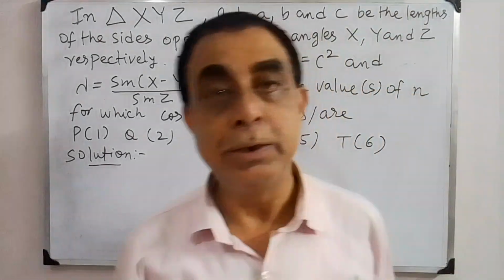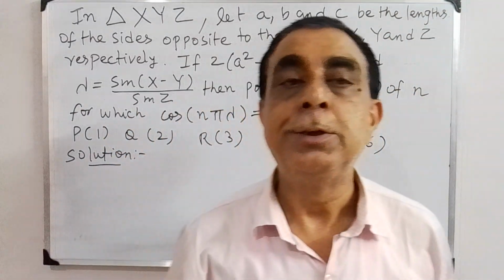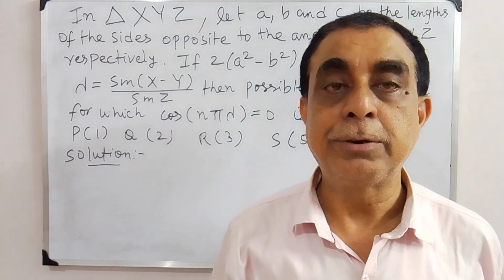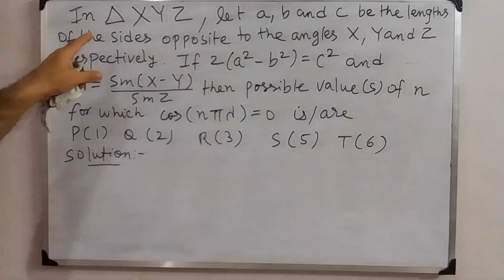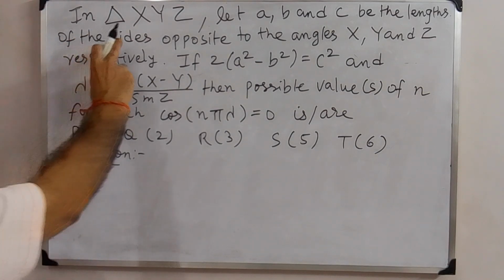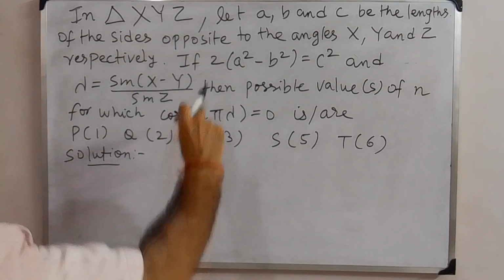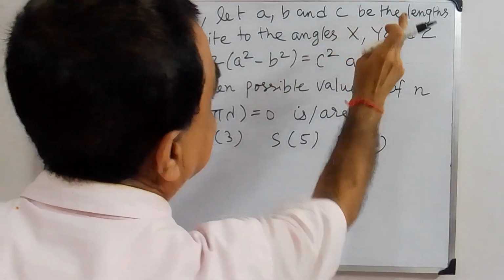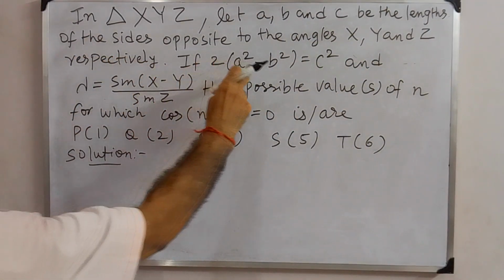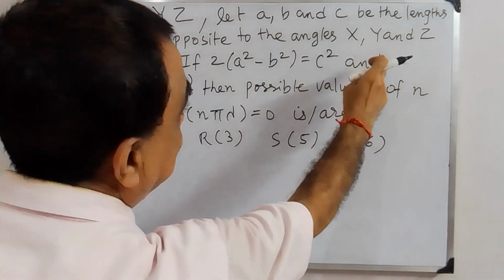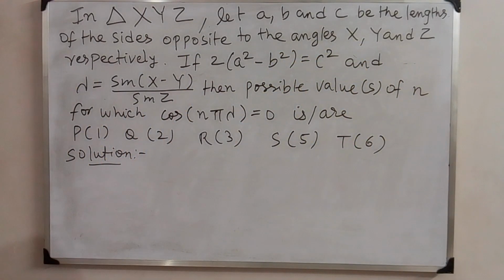Today we are doing a sum from JEE Advanced 2015. The sum reads like this. In triangle XYZ, let a, b and c be the lengths of the sides opposite to the angles X, Y and Z respectively.